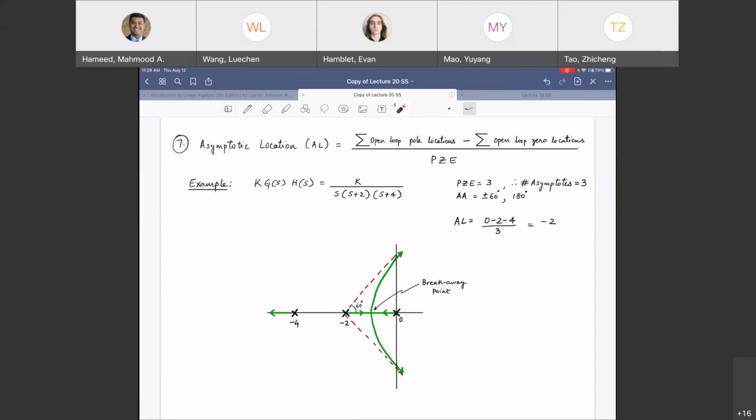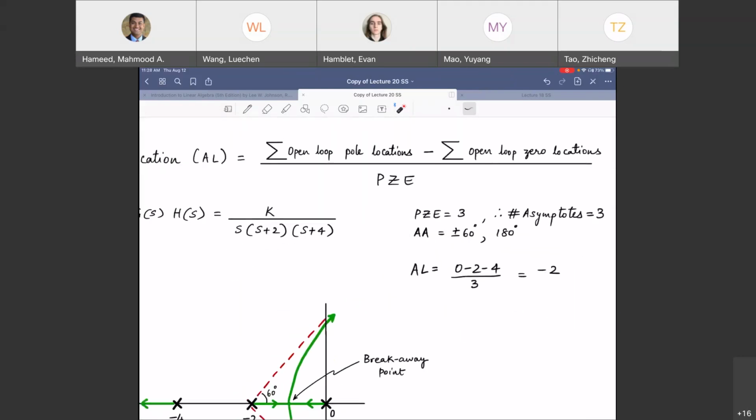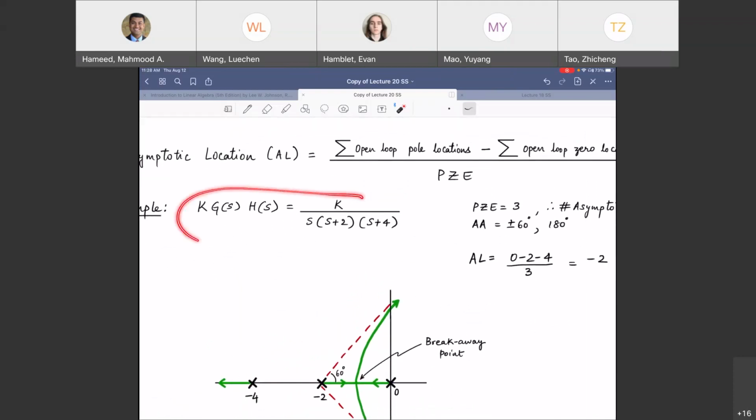For the location of the asymptotes, I use this particular formula here. Summation of all the open loop pole locations minus summation of all the open loop zero locations, divided by PZE, pole zero axis.